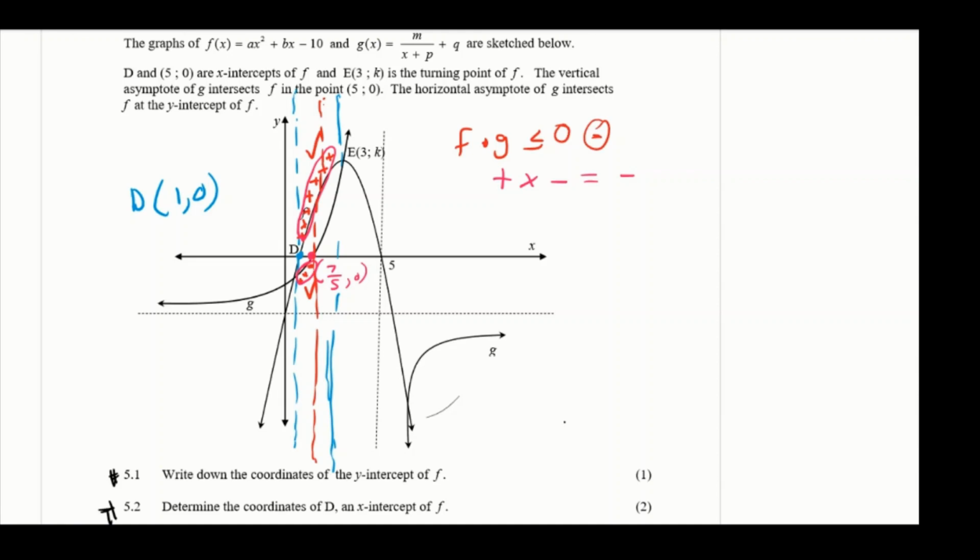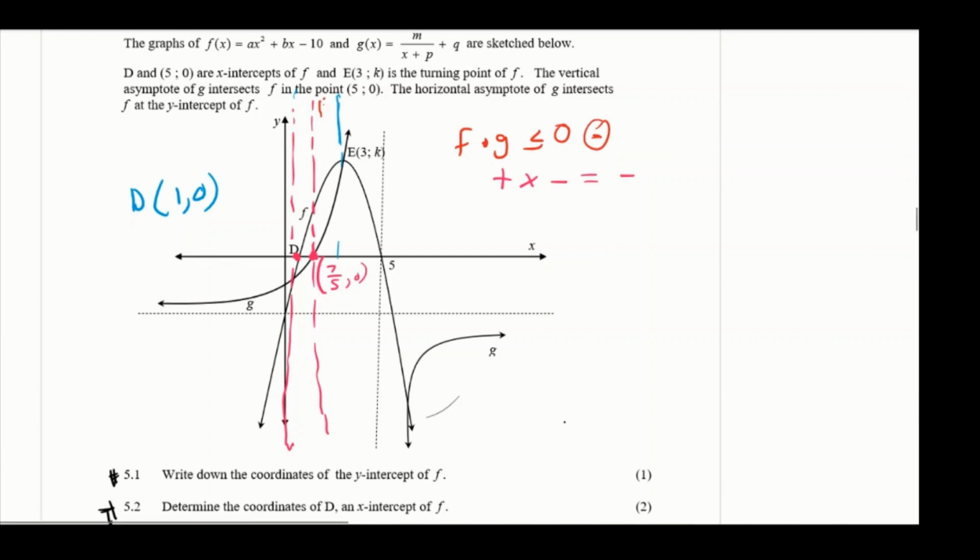So let me just erase everything here so that it becomes neat for you to see. Now at this point we know x is equal to 7 over 5. So I'm going to create a boundary going up like that, and I'm going to create another boundary at d, which is 1 and 0.